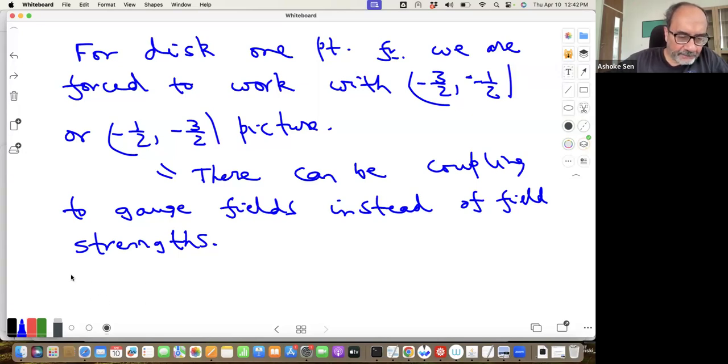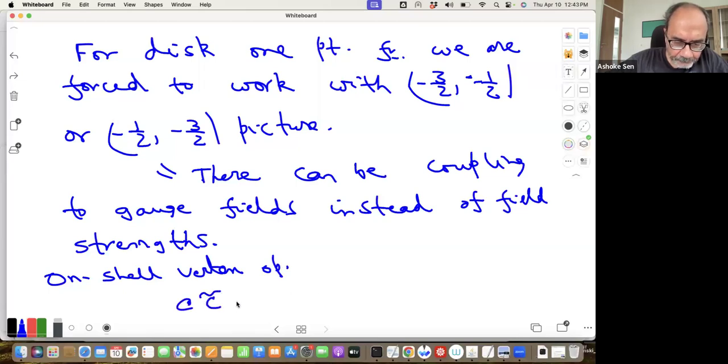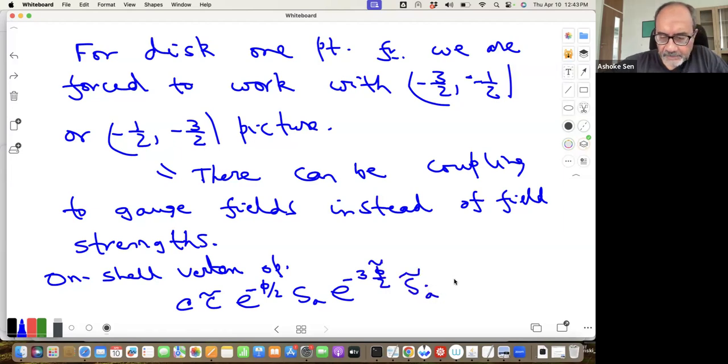And the on-shell vertex operator had the form c tilde e to the minus phi tilde by 2, times S tilde B. This is for 2B, and S tilde B dot for 2A.